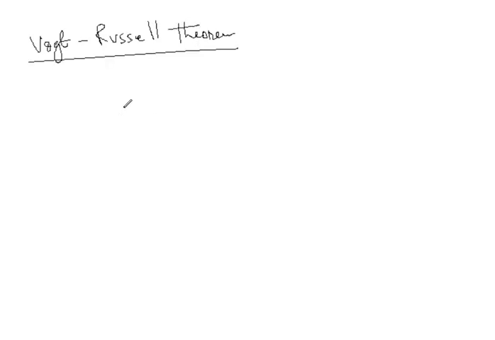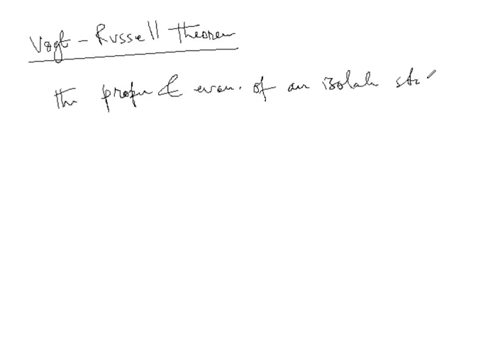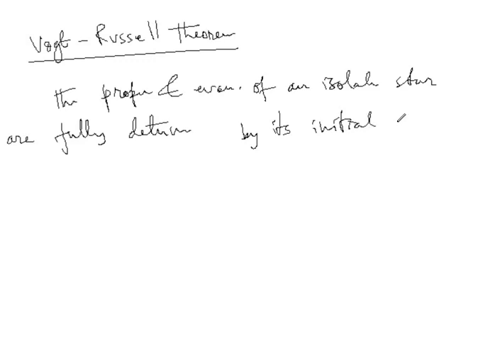Okay, and what does this theorem say? Basically, this states that the properties and evolution of an isolated star are fully determined by its initial mass and its chemical composition.